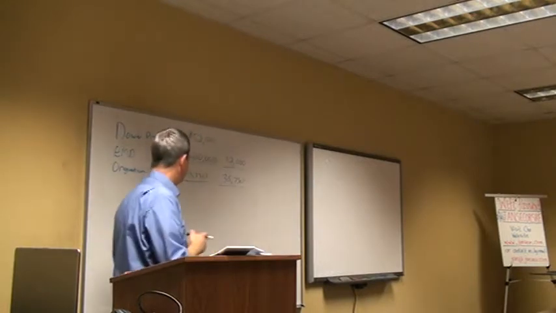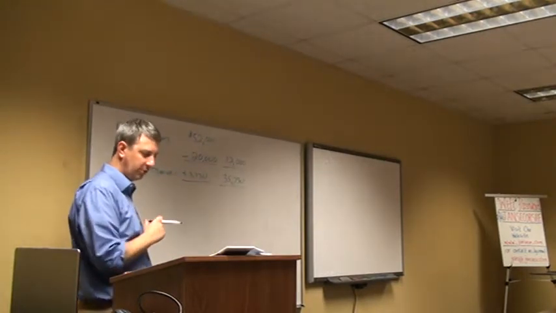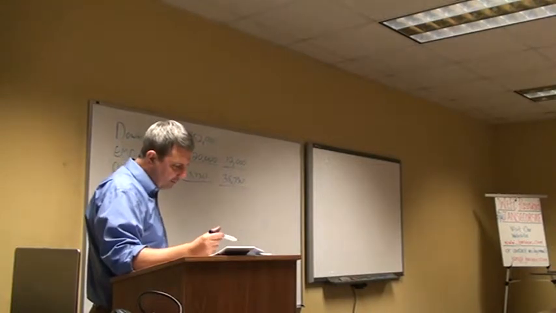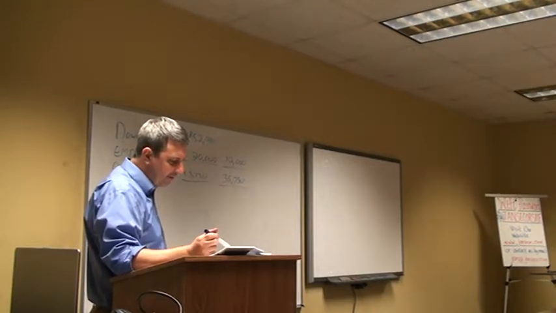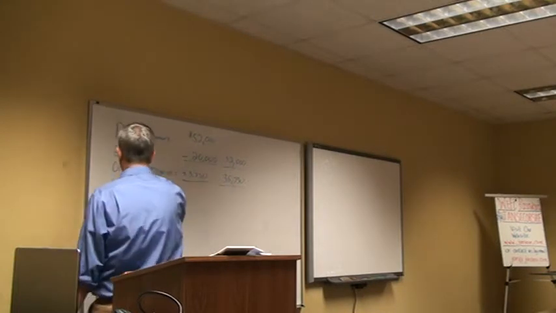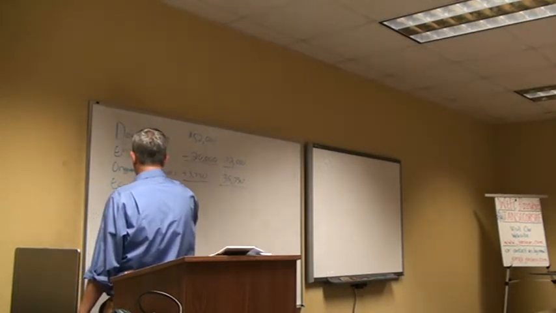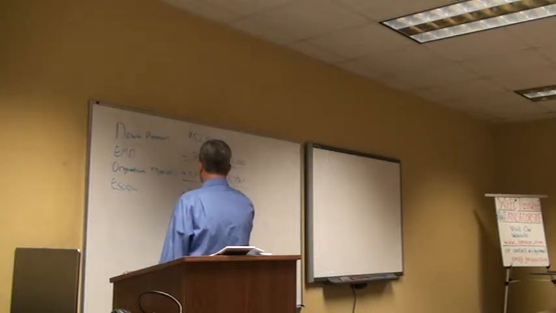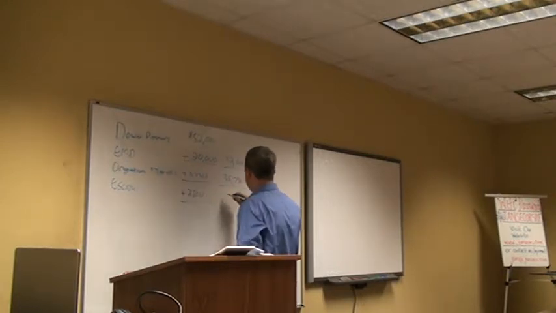How are we doing so far? We're doing it step by step, slowly but surely. Lender requires $2,500 initial escrow. So, no math on that one. Escrow, the lender requires it. Who's paying it? Somebody. It doesn't say specifically that the seller's paying it.